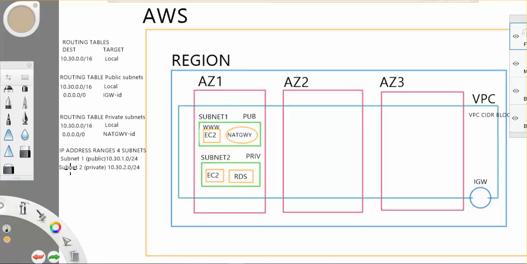So in this particular case, the ones that are going to be fixed are the 10, 30, 2, and then the last one is the one that the host or the computers or the relational database servers can have. But that's the main idea about this.